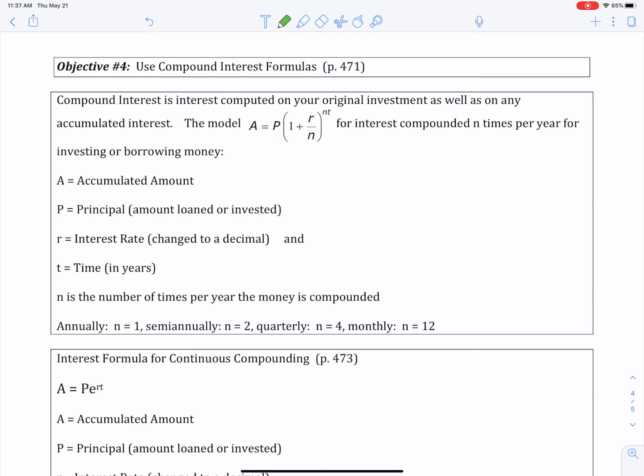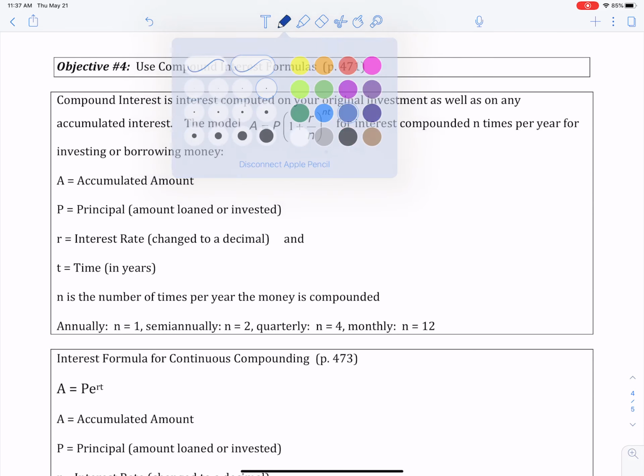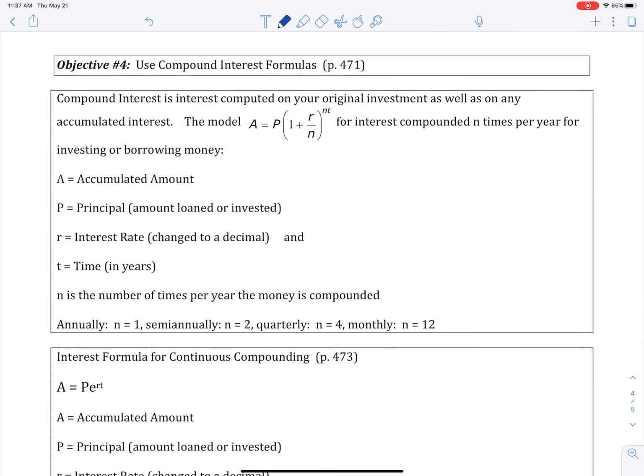The model A, the accumulated value or the future value, is equal to the principal, or the amount that is invested or loaned, times 1 plus the interest rate converted to decimal divided by n.